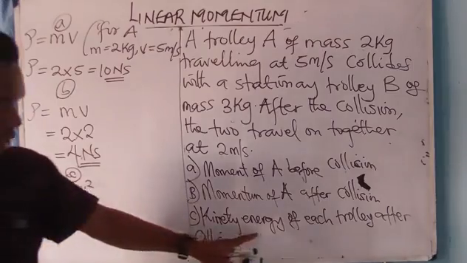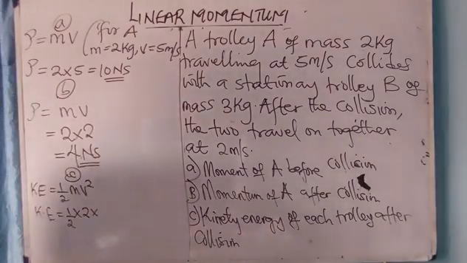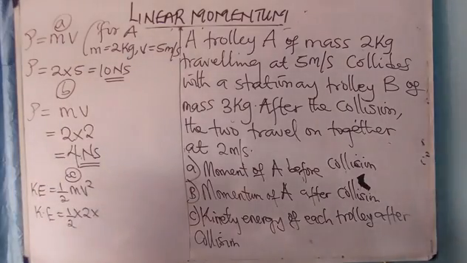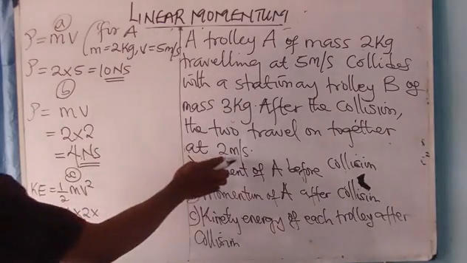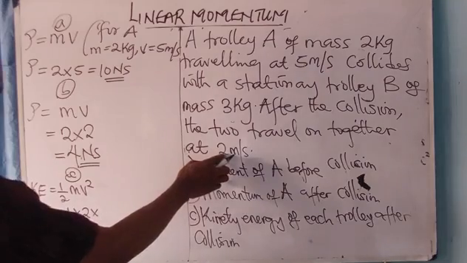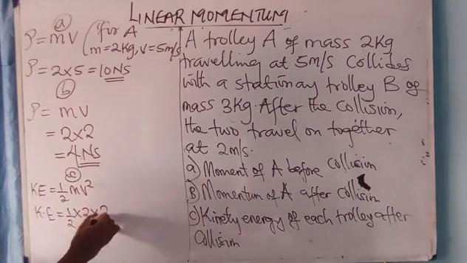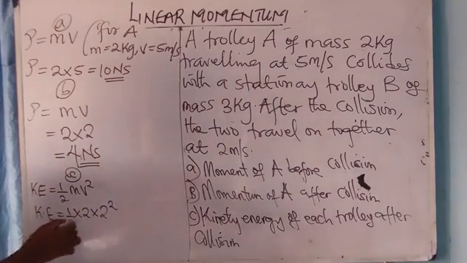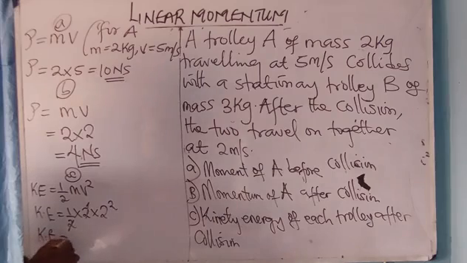So kinetic energy of each trolley after collision. For A, it is 1/2 times 2 times 2 squared, which is 4 joules.